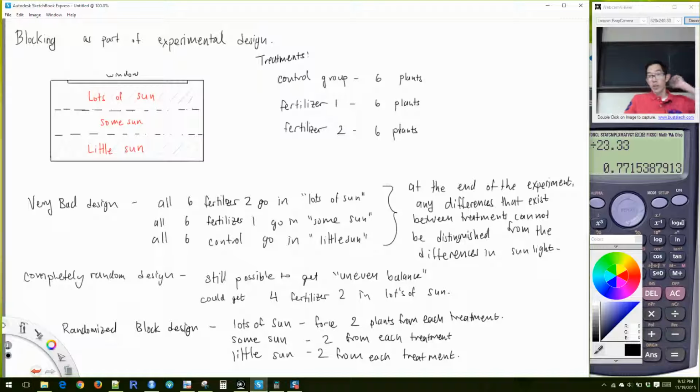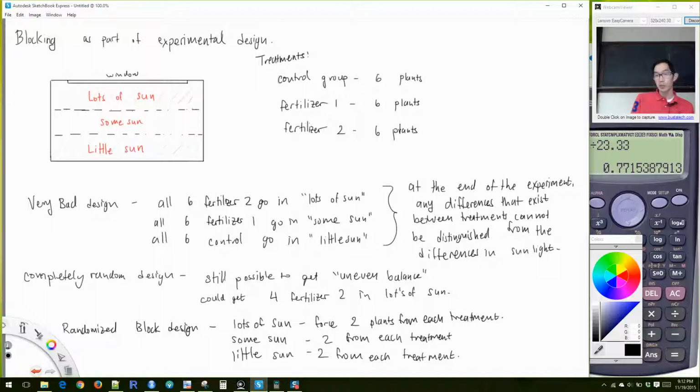Okay, and then this way we can do better analysis here. So maybe what we see is, you know, all 6 plants in the lots of sun grew a lot. This is expected. And then the 6 plants in the little sun grew very little.